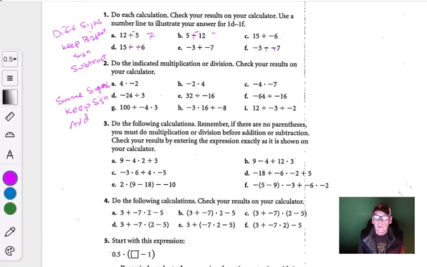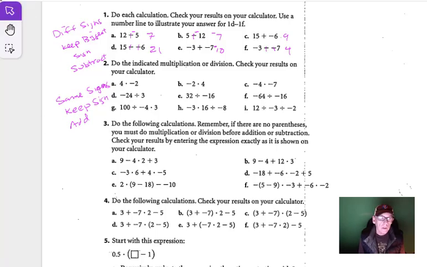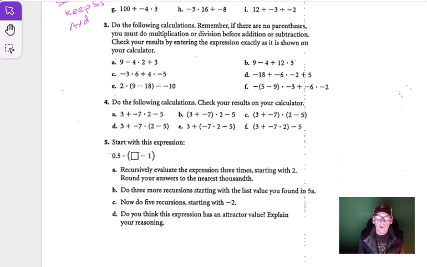Negative is going to be the outcome, and the difference is 7. 15 is going to be positive, and we're going to end up with a positive 9. 15 and 6, keep the signs, add the numbers, we get 21. 2 negatives gives us negative 10, and positive 7 with a negative 3 is going to give us a positive 4. Let's move on.